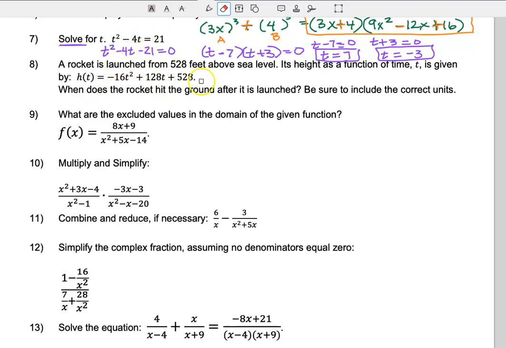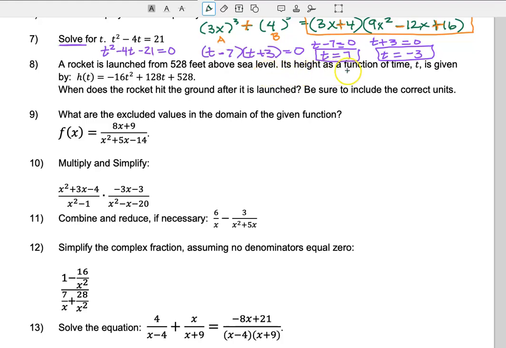All right, so again, we're looking at this next one. It's a little bit of a story problem, but not fully, because it's giving you your equation, this function that you need to know in order to do this. You don't have to make that up, right? But it says, a rocket is launched from 528 feet above sea level.